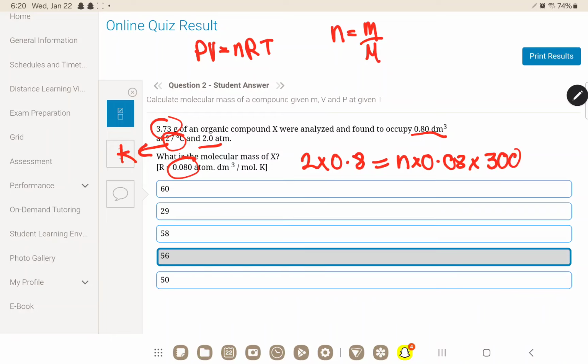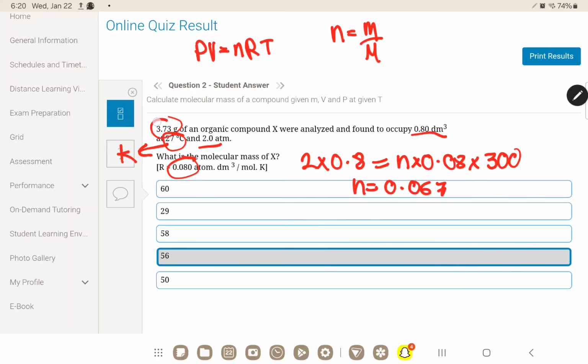When you put all of this in your calculator to solve it, you get that your n equals 0.06666, and it keeps repeating over and over. So I'm just going to round it up to 0.067, because why not?